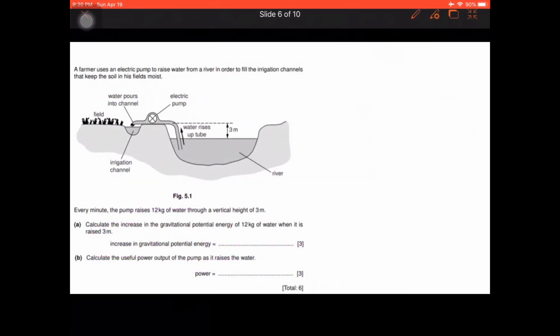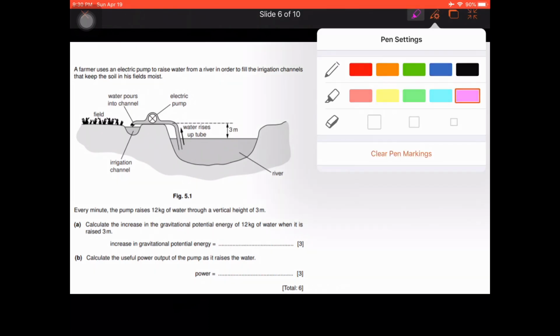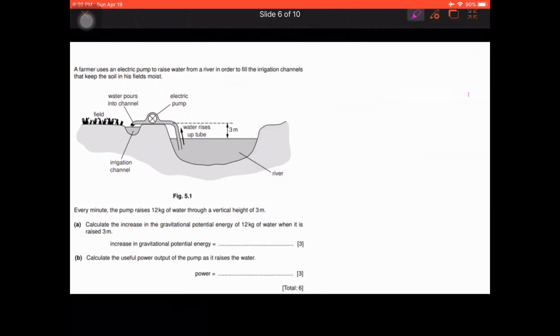Okay, moving on to question number 3, our practice question. A farmer uses an electric pump to raise water from a river in order to fill the irrigation channels that keep the soil in his fields moist. So this is our figure 5.1. It looks complicated, but if you already know your formula and you practiced enough, this is quite easy.